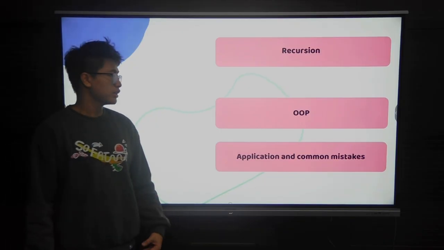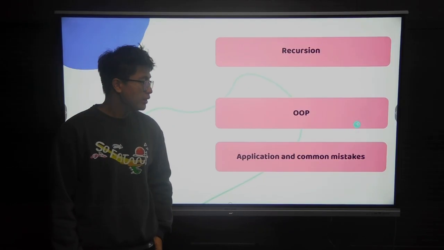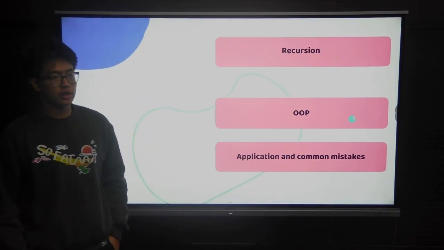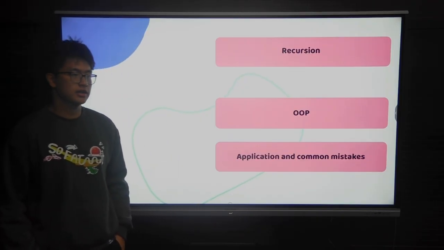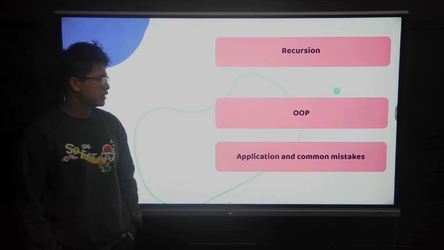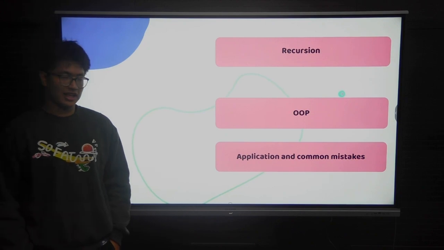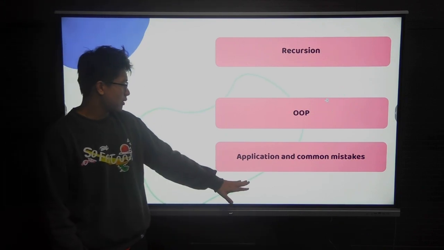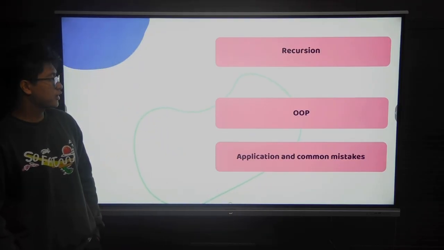To summarize OOP, we focus on the four main principles: inheritance, polymorphism, encapsulation, and abstraction. And the four basic components of OOP are methods, classes, instances, and attributes. Also, we provided some basic applications and some common mistakes for both recursion and OOP.